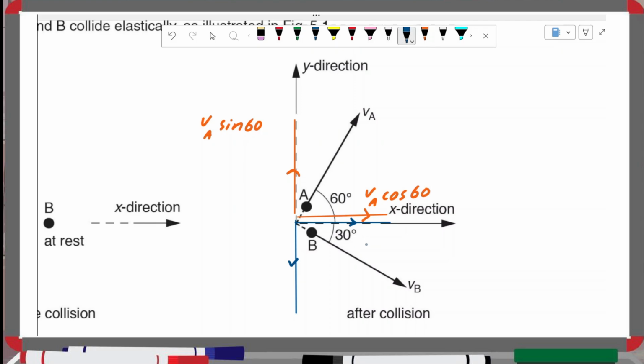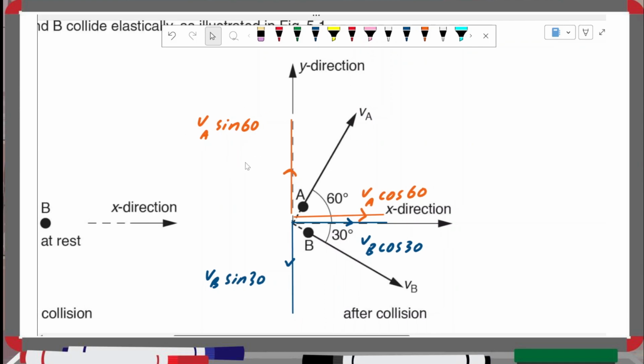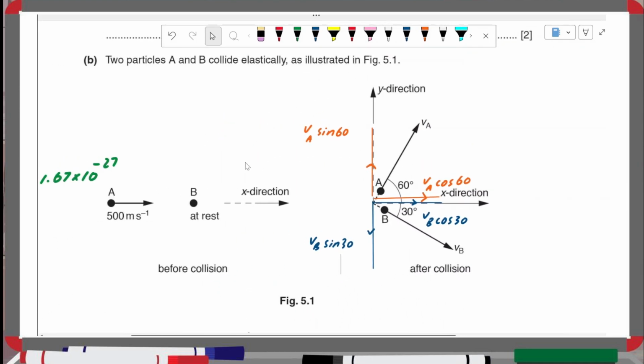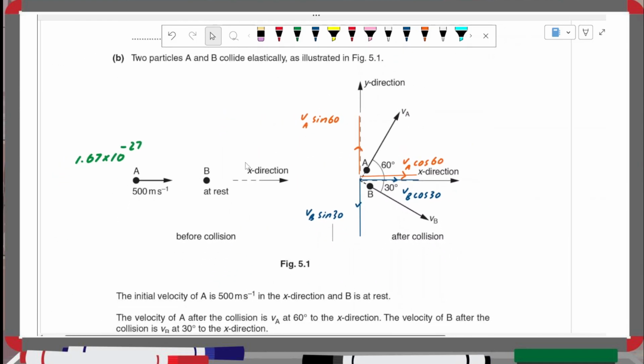Now for vB, the one along the x direction would be vB cos 30, and the one downward is vB sin 30. So it was kind of easy.